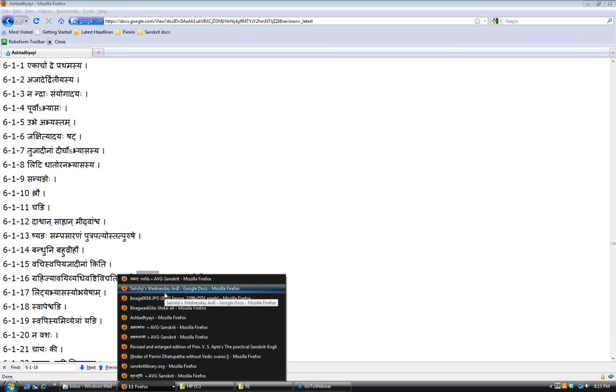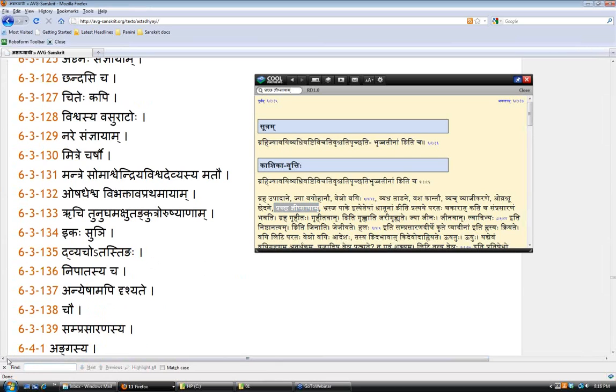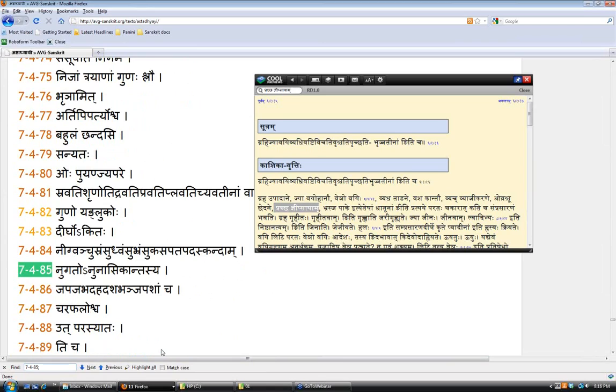Now the next operation is when we get the nuk agamaha, which Anuji was asking about before. Let's go to that nuk agamaha, which is 7.4 in that same section. Nugato nunasikantasya.